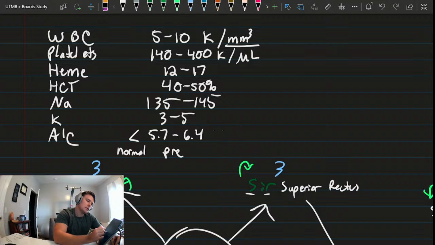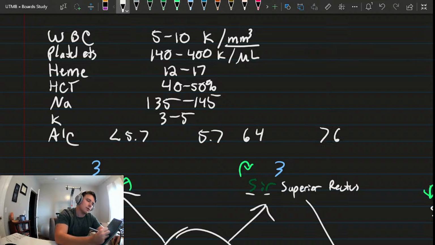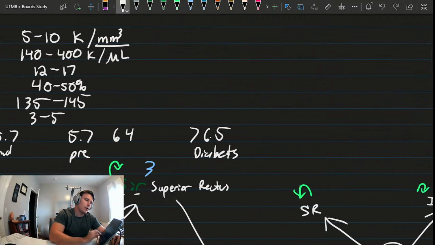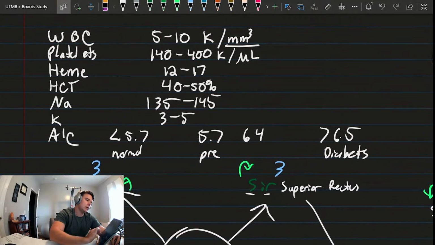That doesn't make sense, does it? So less than 5.7, 5.7 to 6.4, and then greater than 6.5. So normal, pre, and diabetes. Okay, and I'll go over all that again later.